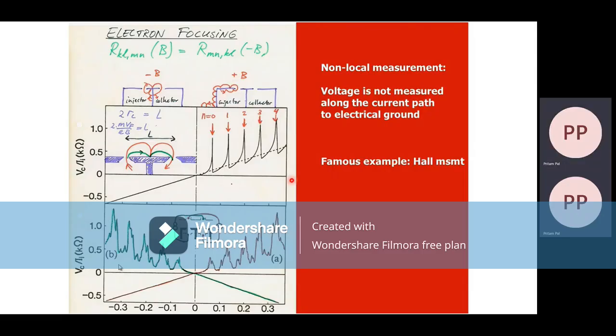So there are many different versions of these experiments, done also in regular metals, not in superconductors, and in semiconductors.